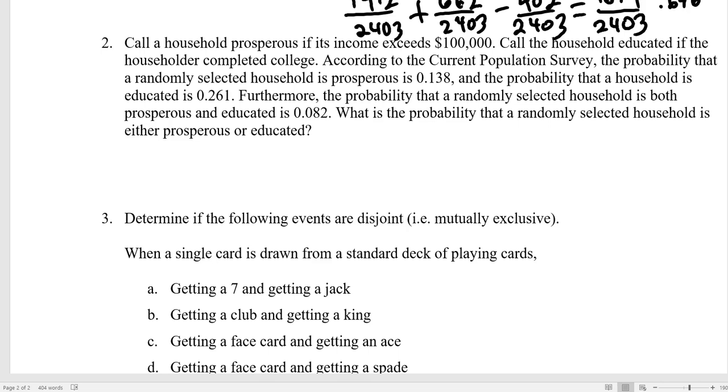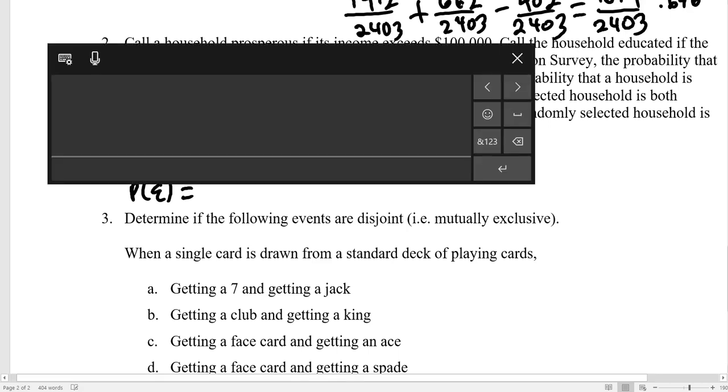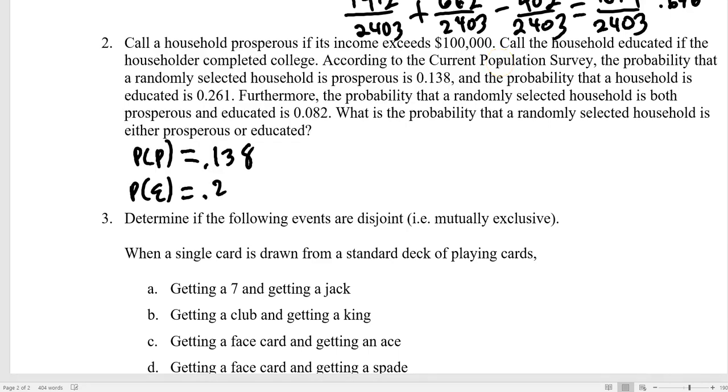The probability a household is educated is 0.261. And the probability of both is 0.082.